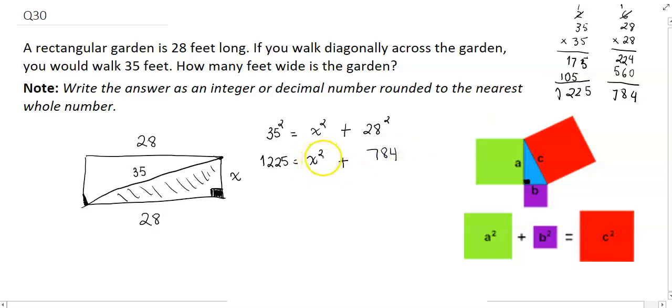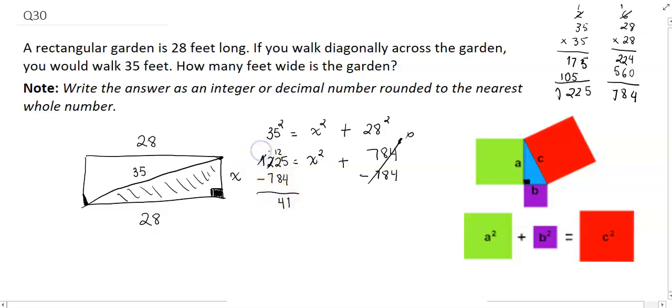Note that x is squared. So I have to add the opposite to get rid of 784. So here, 0. Now when I work this subtraction here, I have 1. I borrow here, becomes 12, and then becomes 4.